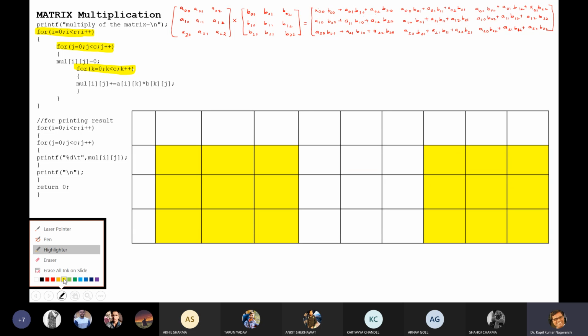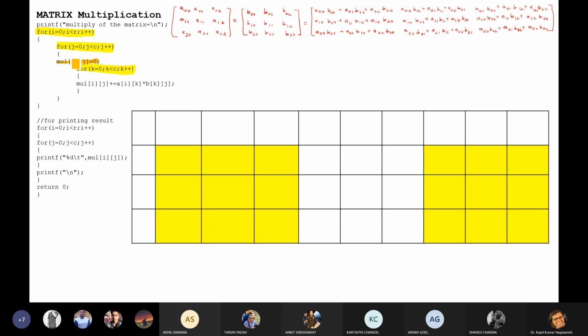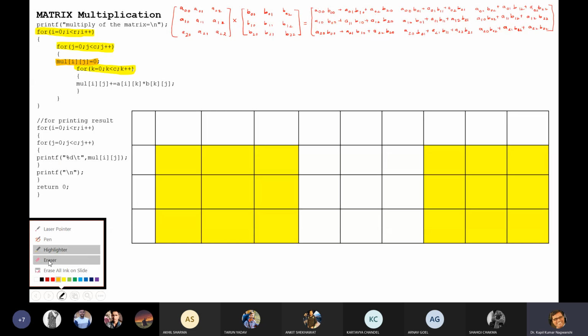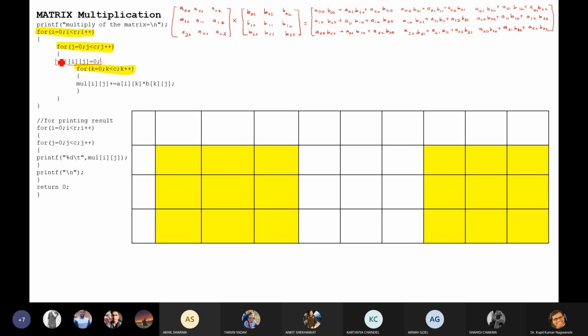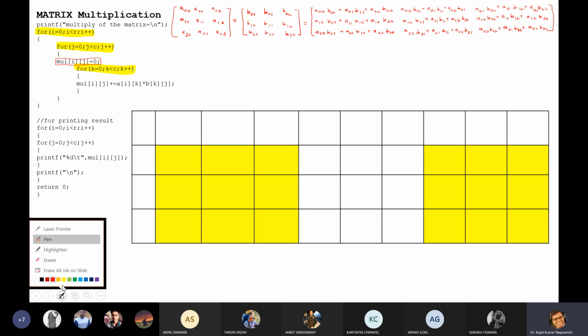Now, what are the calculations associated with each of the for loops? So this is the first calculation. Let me erase this. This will not give us a good result. So this is our first calculation, not the innermost, and this is another calculation.